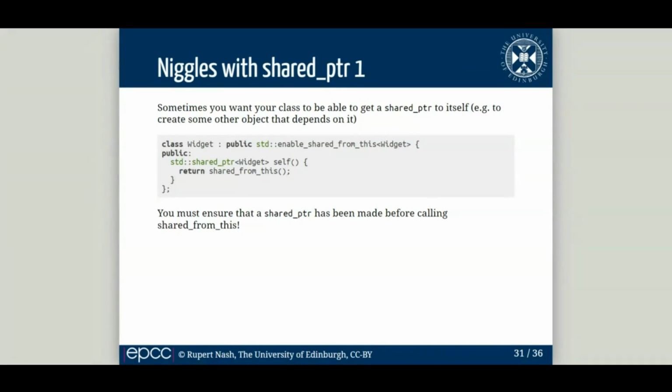To do that, when you define the class, you need to specify std::enable_shared_from_this, and you can return a pointer to the class or to the object itself using this function, shared_from_this.